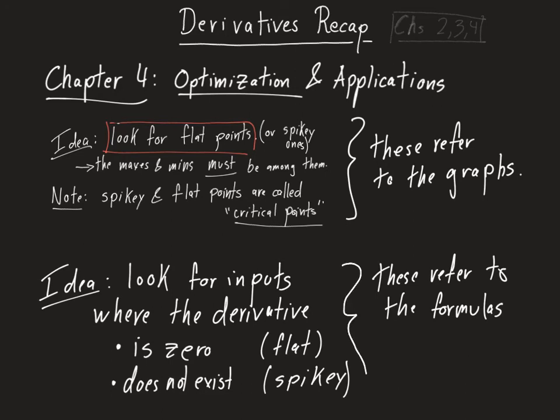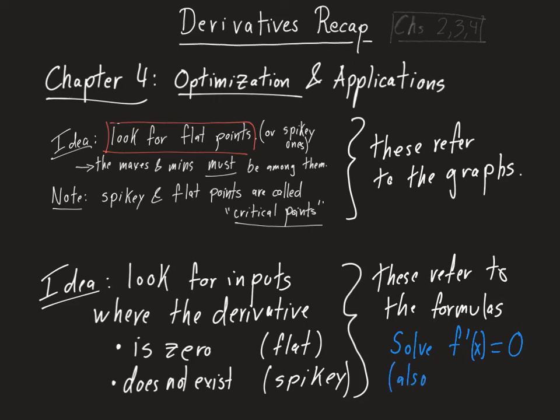This is the entire plan as far as tackling optimization problems in the land of formulas lies. The entire goal is basically to solve f prime of x is equal to 0.